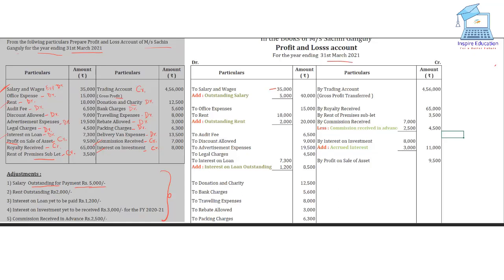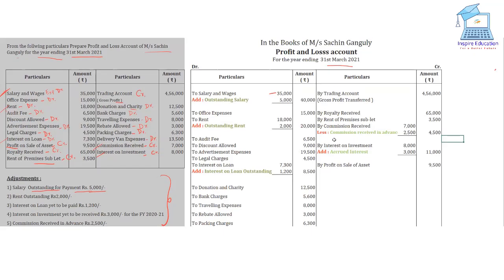So this amount is actually the expenditure of this financial year. So we will add the amount. Means if there is any amount outstanding, we will add that expense with the existing expenses. Means salary and wages I have already paid 35,000 and the outstanding amount is 5,000. So this 5,000 will be added with the salary and wages, and total 40,000 will be debited.